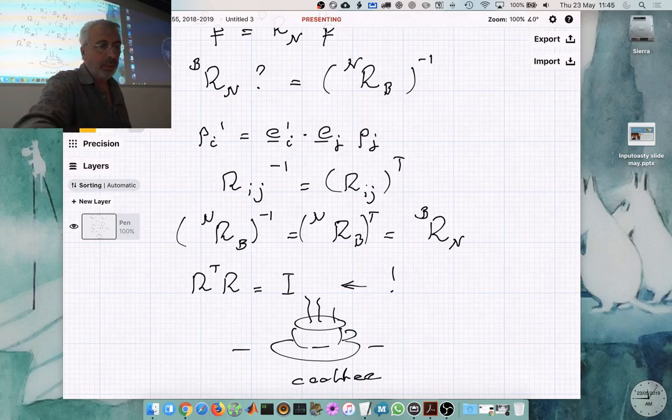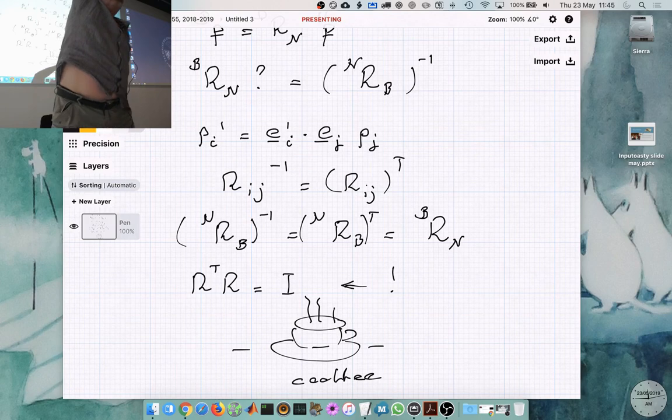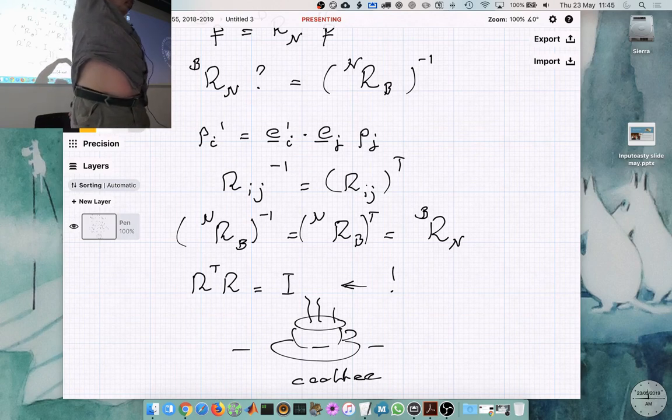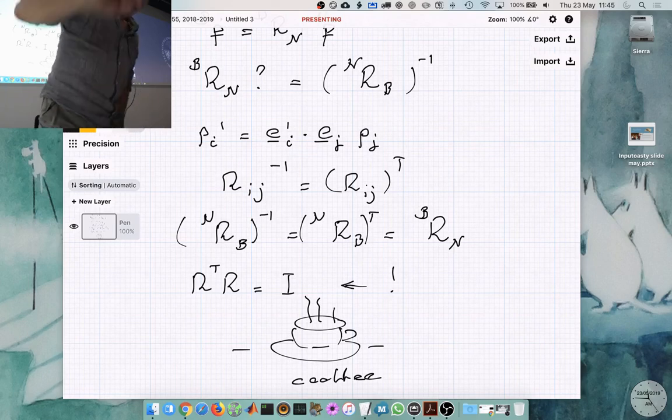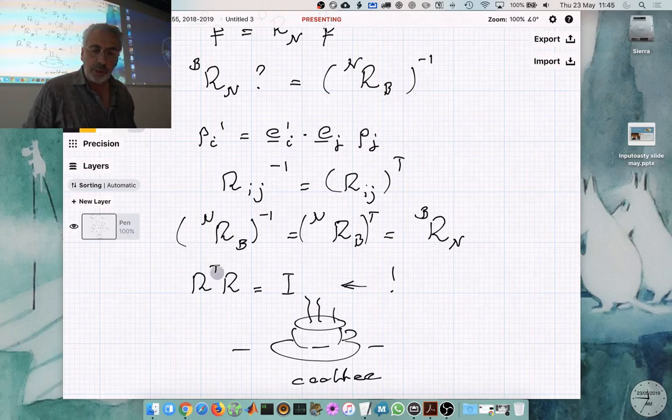Okay, so before the coffee break, we ended with the notion that the inverse of the matrix is apparently the transpose, or in other words, the transpose times the matrix itself gives the identity.